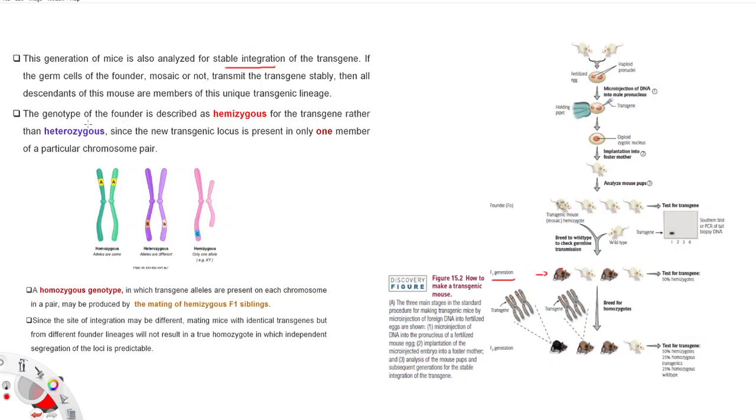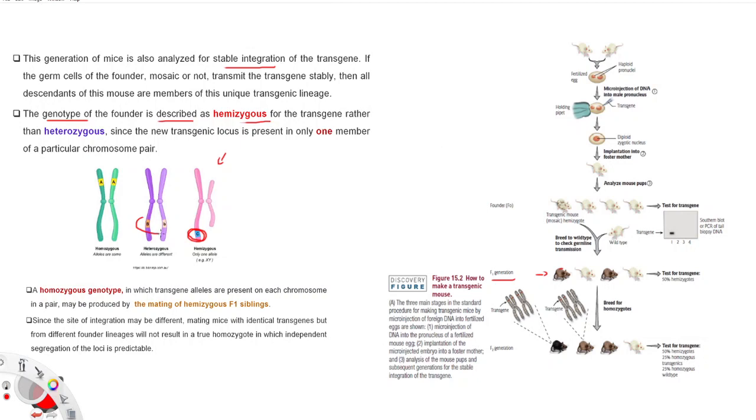But the genotype now, in terms of genetics, of our founder is hemizygous rather than heterozygous. If you're confused, let's look at this picture here. Hemizygous, you see that this gene is only present in one allele. That's why it's hemizygous.